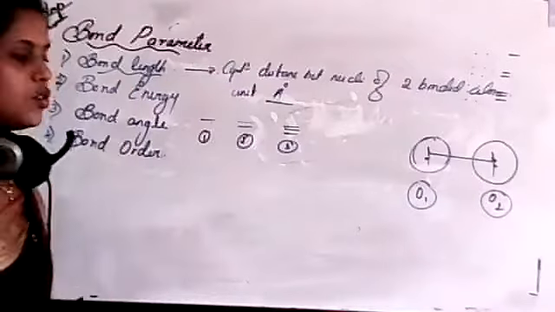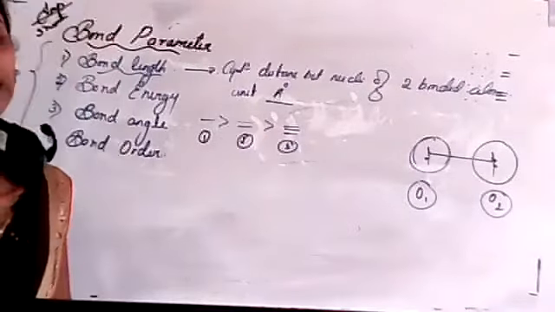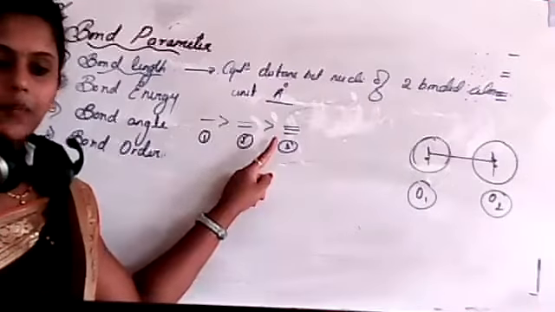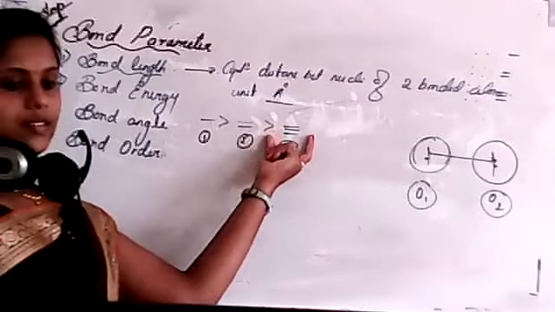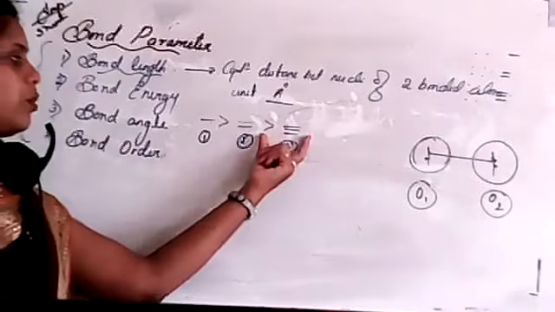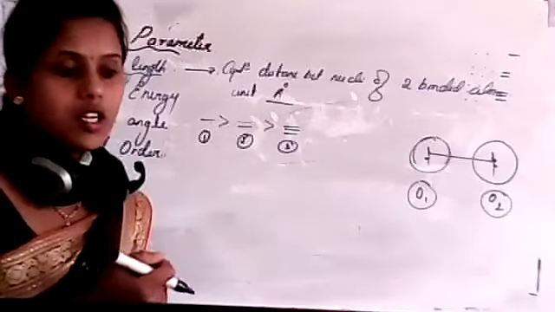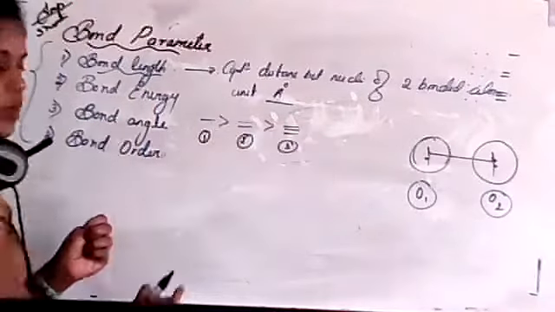The single bond. So as bond order increases, bond length decreases. Clear, student? As there is a triple bond, its bond length decreases because there is a strong bond between these two.